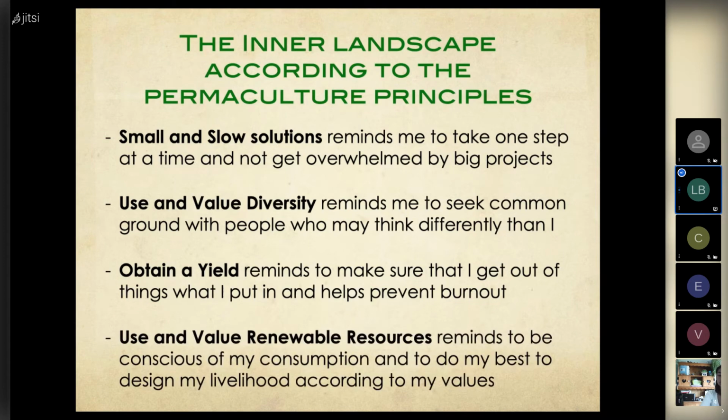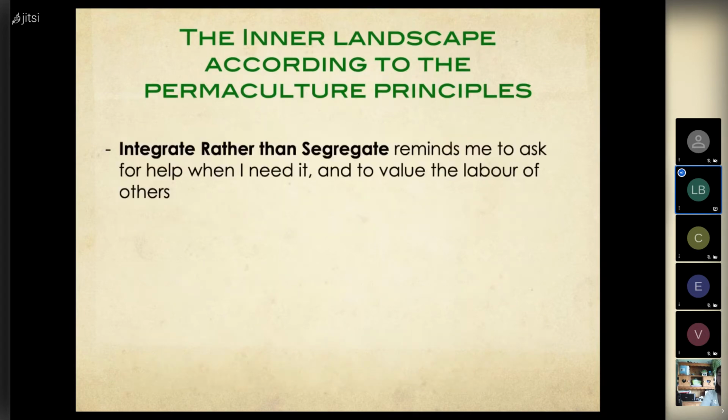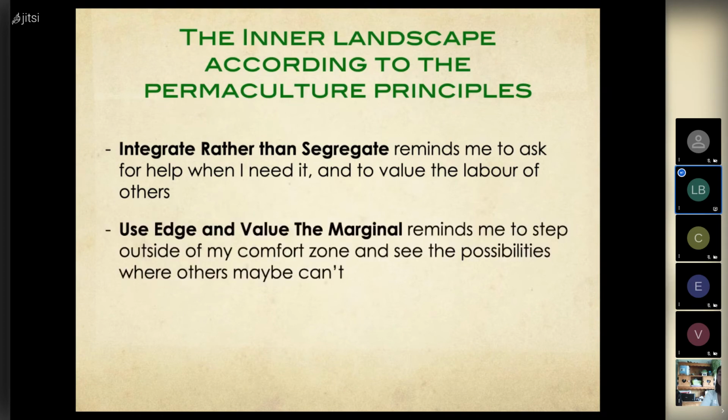Use and value renewable resources reminds me to be conscious of my consumption and to do my best to design my livelihood according to my values. Integrate rather than segregate reminds me to ask for help when I need it and to value the labor of others. Use edge and value the marginal reminds me to step outside of my comfort zone and see the possibilities where others maybe can't.